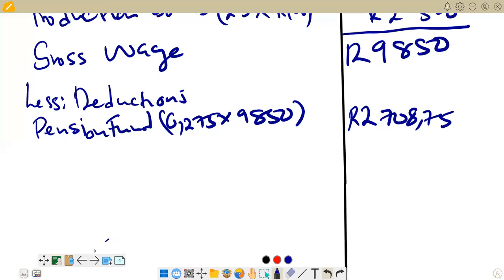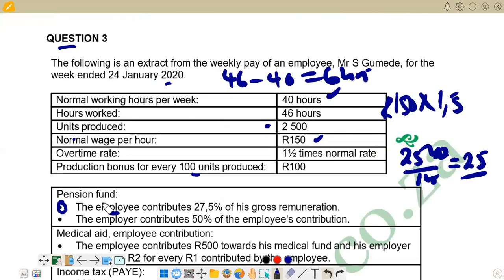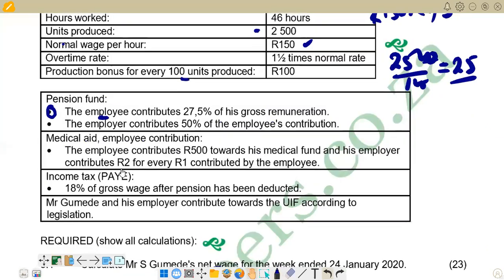Then we go back to check the next one. We also have medical aid, the employee contribution. The employee contributes 500 rand towards this medical fund, and the employer contributes 2 rand for every 1 rand contributed by the employee. So we are concerned about the employee. The employee is 500 rand.